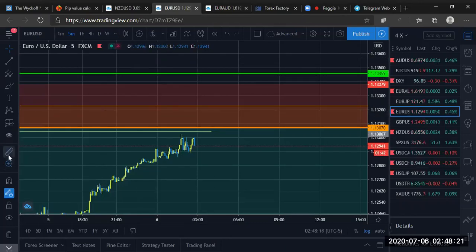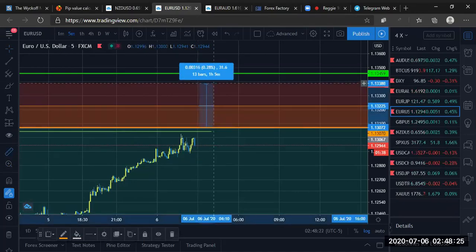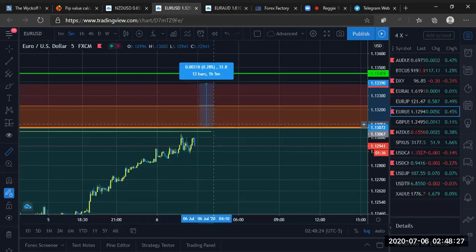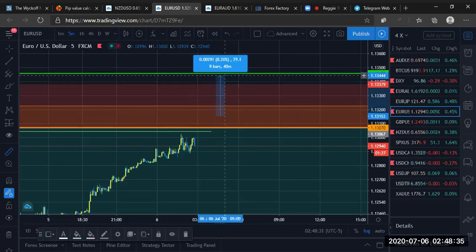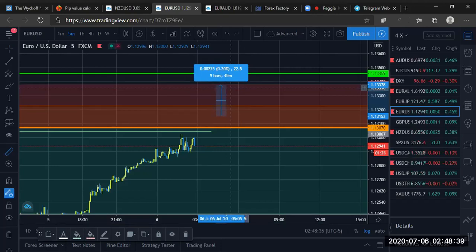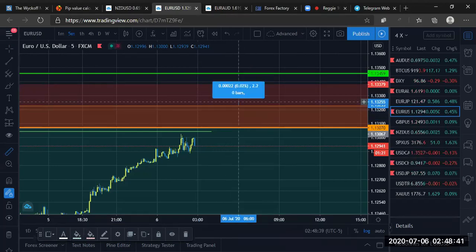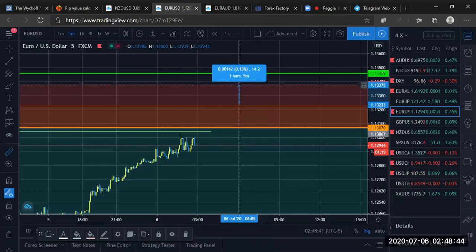Assume this area from the sell limit to the actual stop, if it hits the stop loss, I'm losing 31 pips. But let's say it goes a little bit higher in my sell zone, and I get in again, then I'm gonna risk 22 pips. Then I get in again right here, and I'm risking 14 pips.